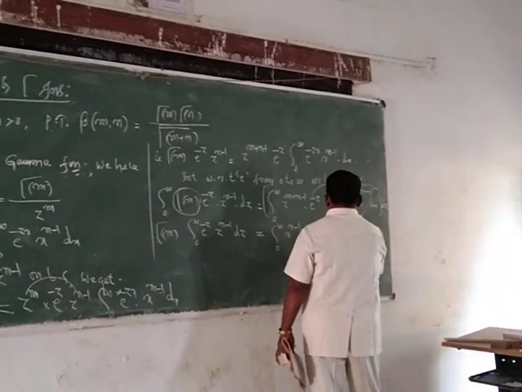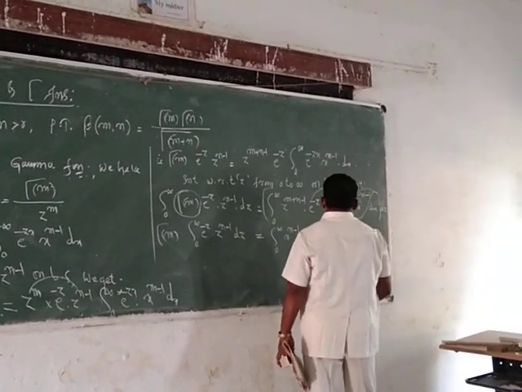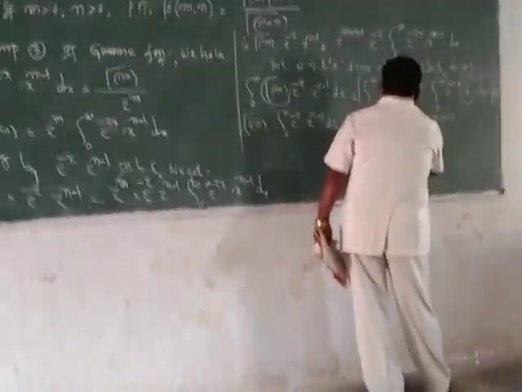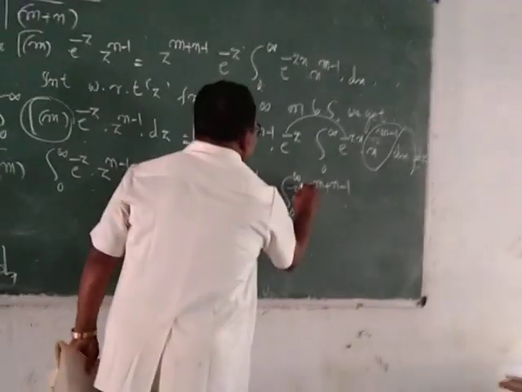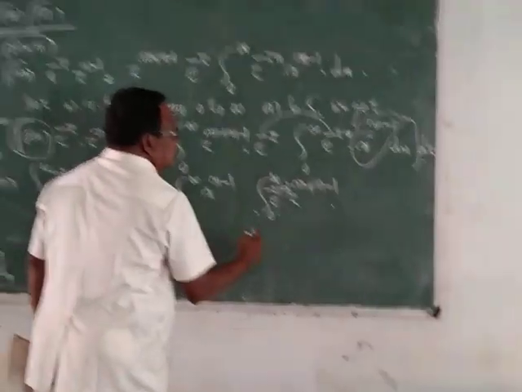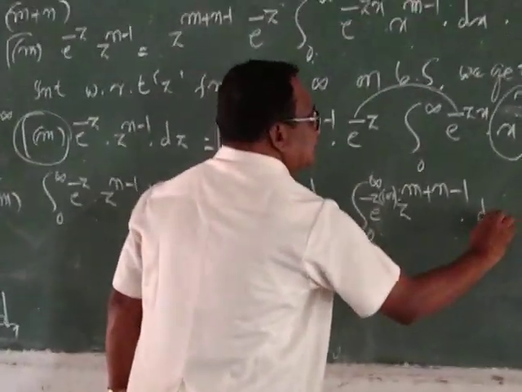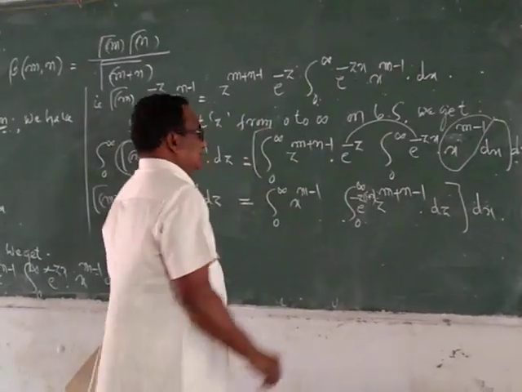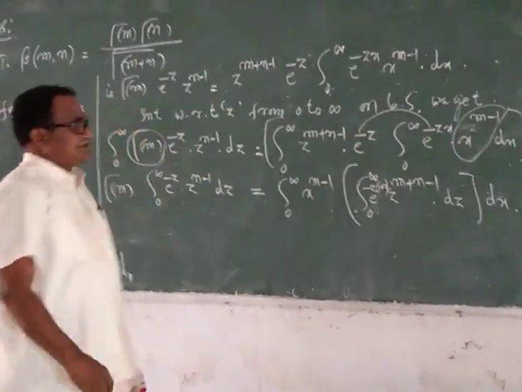Among these two terms, if I take minus z outside, what remains? e to the power minus z into 1 plus x into dz into dx. Write it outside.